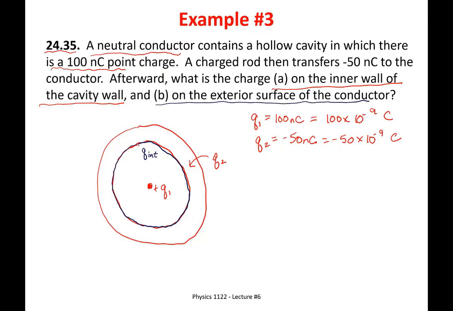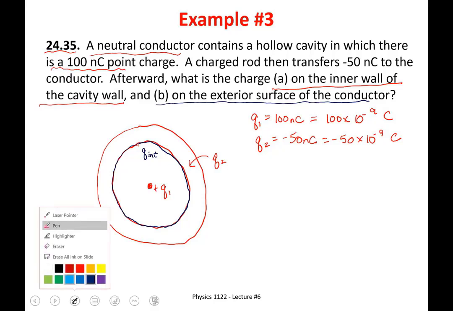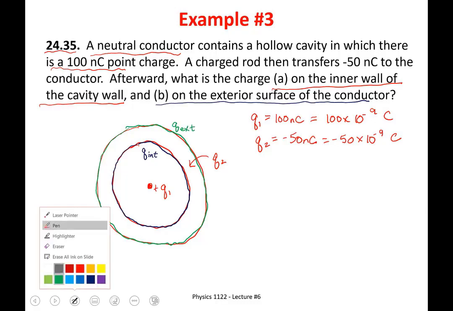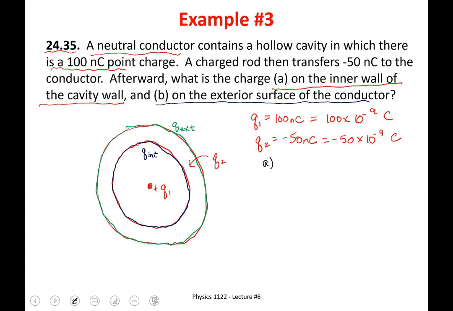That's going to be the charge on the outside surface of the conductor, the charge out here, and that I'll call Q exterior. Those are our two target values. So we're looking for Q interior for part A and Q exterior for part B.